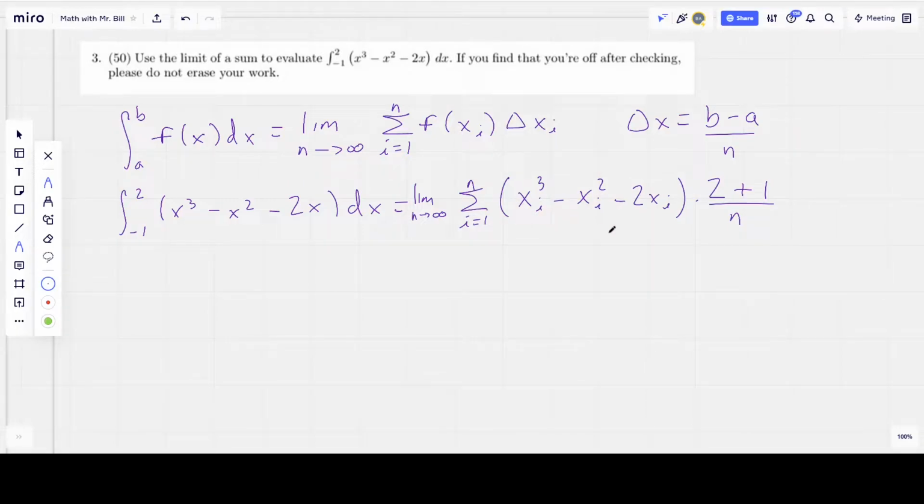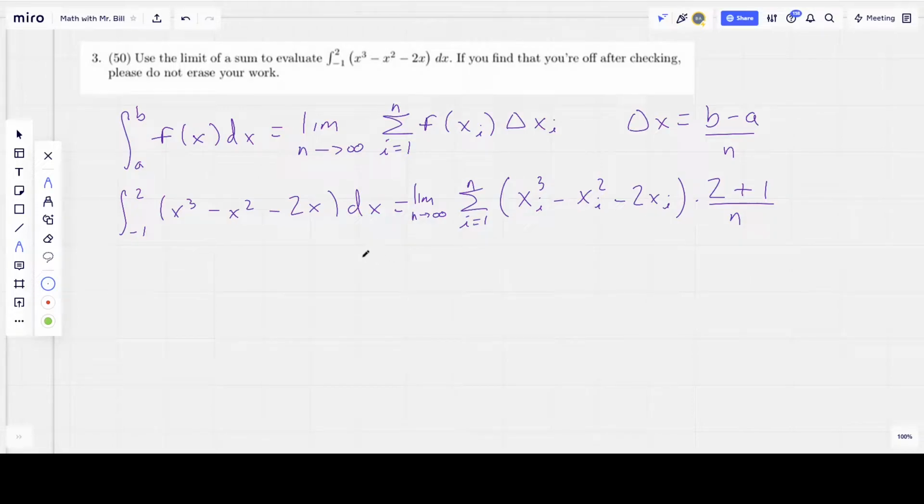So what do we need to find? Looking at our limit of our sum, we need to figure out what the x sub i's are. Sometimes you get a formula for that. If not, you have to make it up.